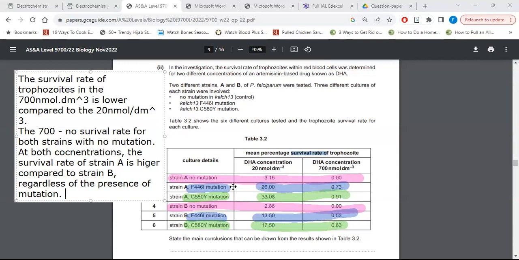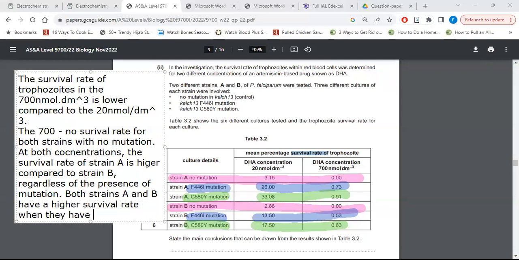So that's another point we will mention, that both strains A and B have a higher survival rate when they have mutations. It doesn't matter what mutation, but as they have a mutation, they have a higher survival rate compared to no mutation, right?